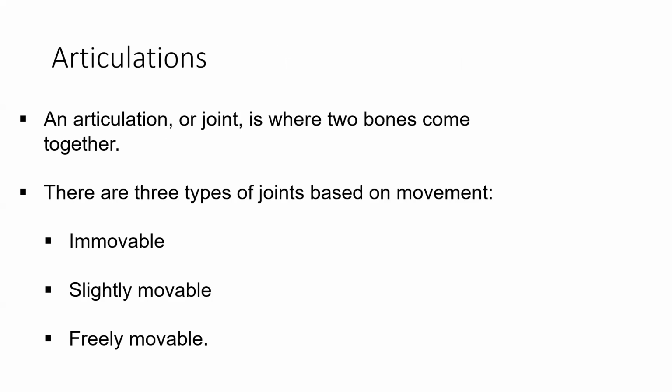So in articulation, anywhere where we have two bones coming together, movement can occur in three different ways. They can't move at all. They're immovable. We don't want the bones of our skull to be moving around. We don't like that. So the sutures in our skull, let me go get the skull over here.